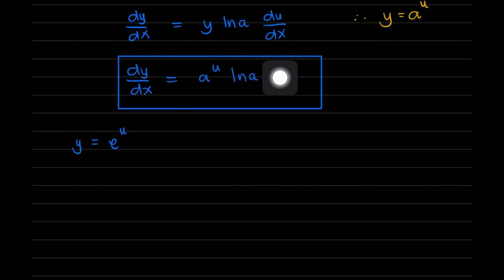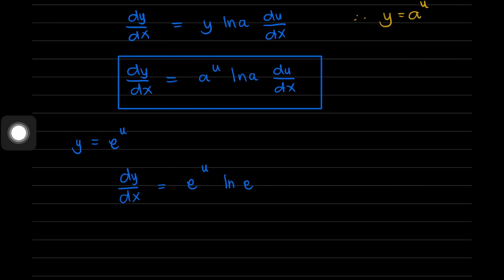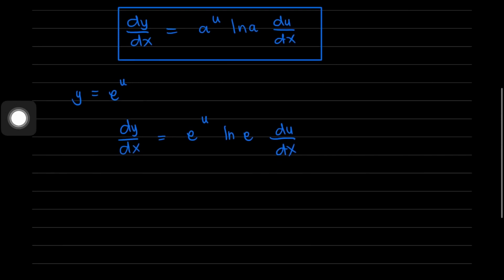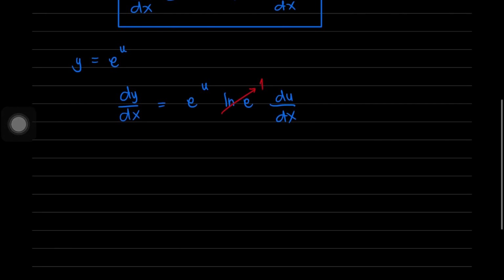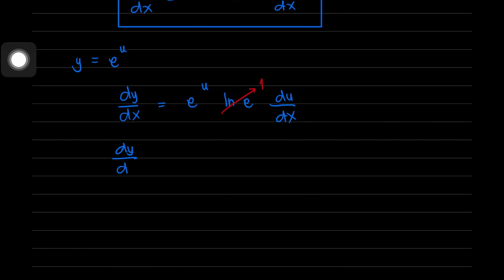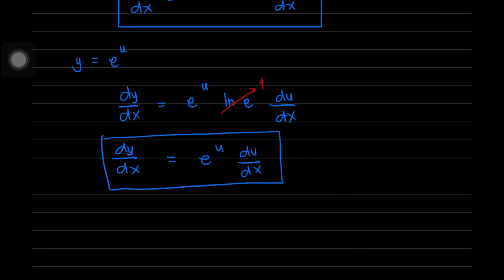Applying the formula, dy over dx equals e raised to u, because a raised to u is replaced by e raised to u, multiplied by ln of e, because our a here is e, multiplied by du over dx. The natural logarithm of e is equal to 1. Therefore, the formula for e raised to u is dy over dx equals e raised to u du over dx. This is another formula to be familiar with.